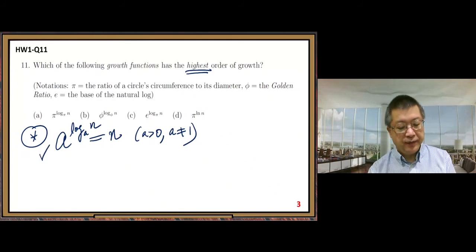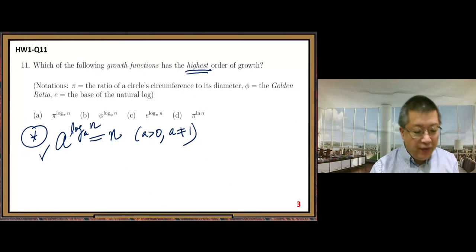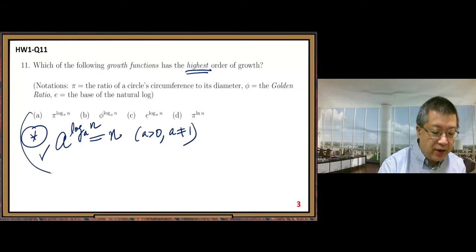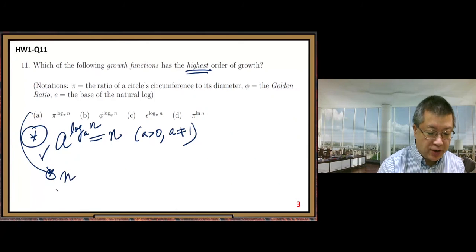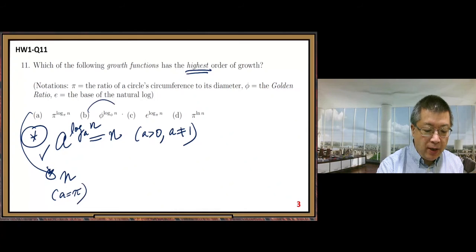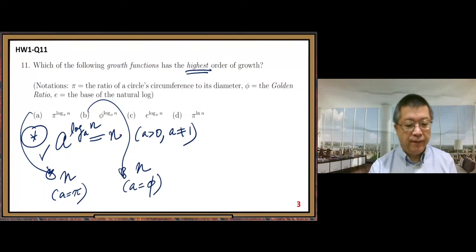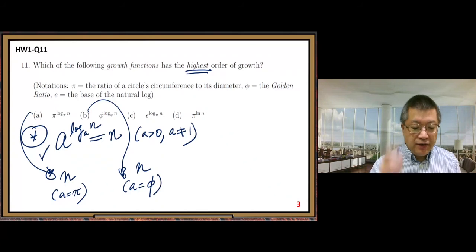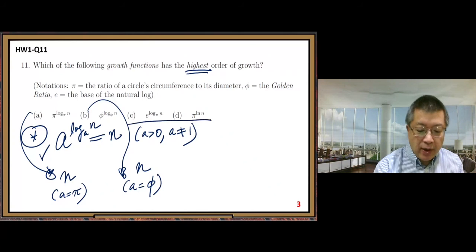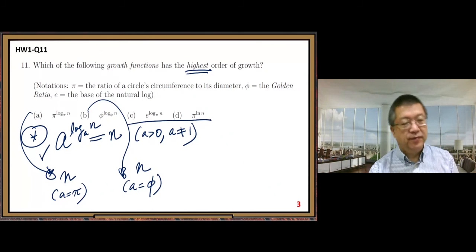With that formula, for A we will get n, because A equals pi. For B, we will also get n, because A equals the golden ratio phi. Then the main step, C and D.